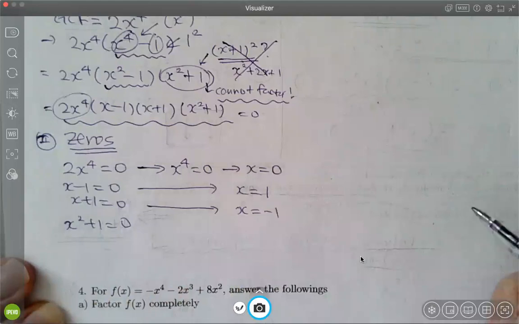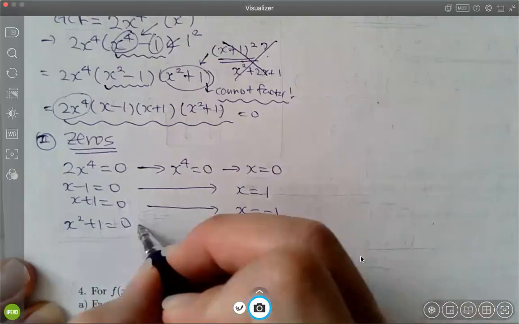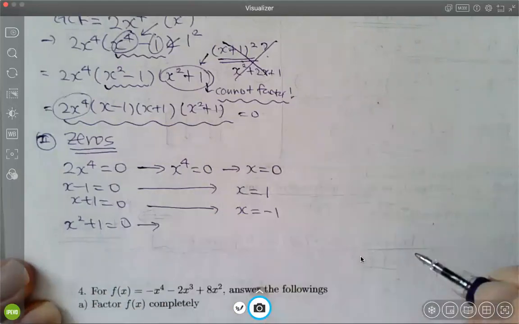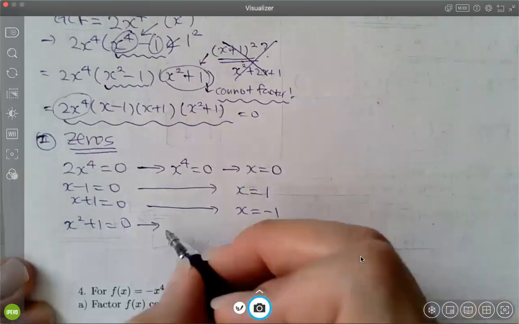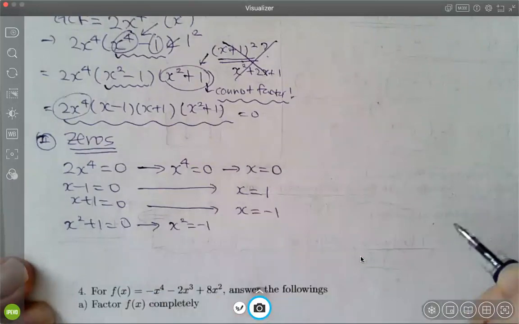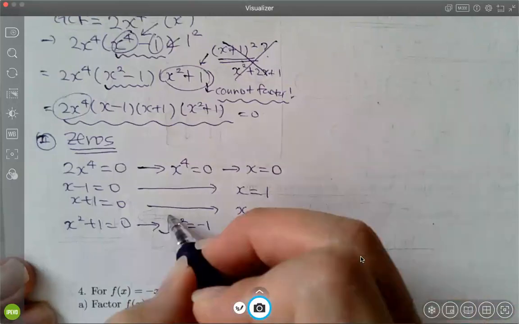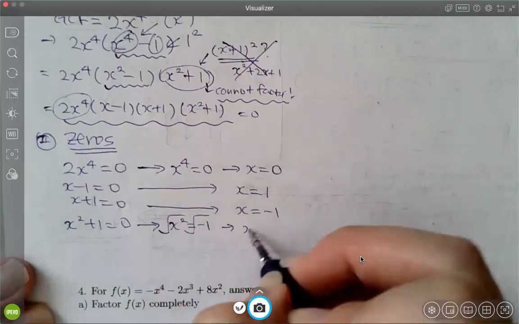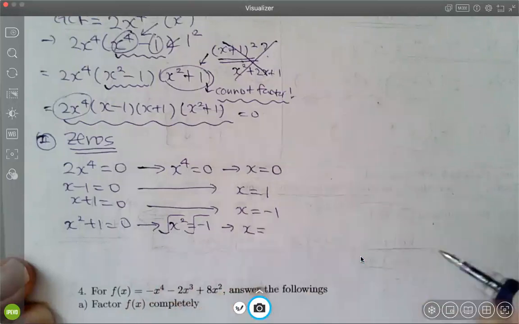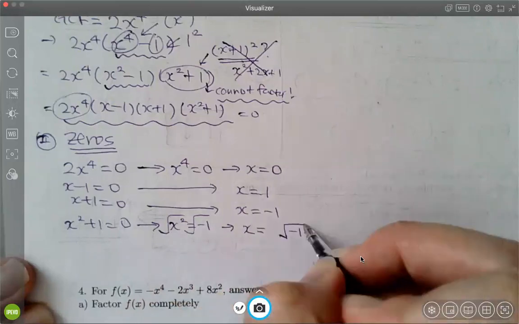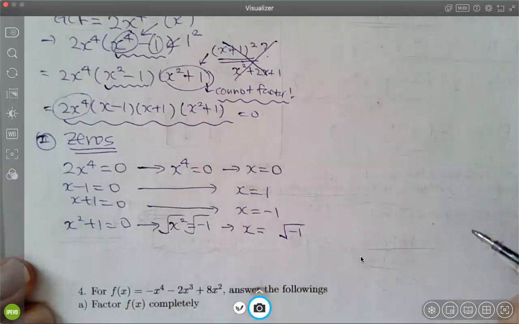And now what about this? So from here you subtract 1. So we have x squared is equal to -1. And then you take the square root. So x is equal to square root of -1. Yeah, right?